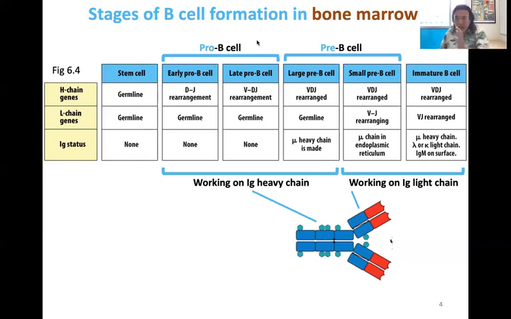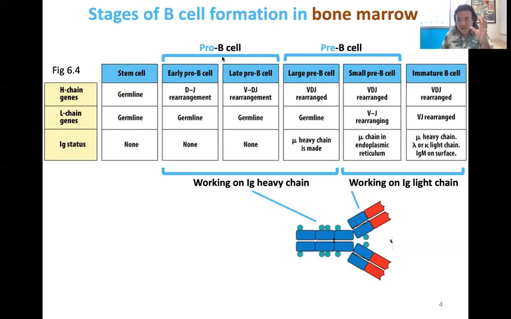The three main stages that a developing B cell goes through are the pro-B cell stage, the pre-B cell stage, ending up with an immature but ready B cell at the end. Okay.